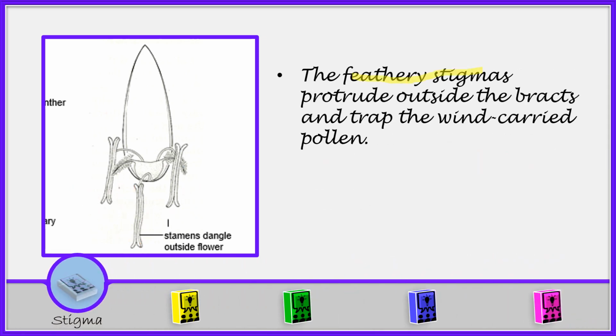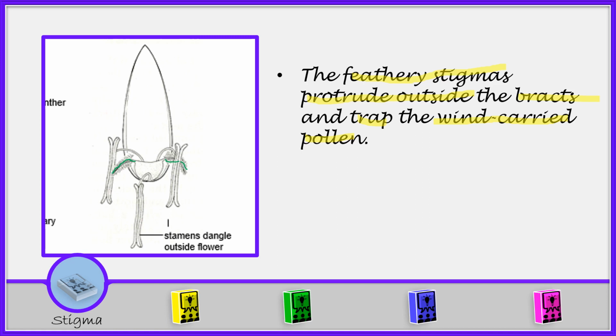The feathery stigmas protrude outside the bracts and trap the wind-carried pollen. So we have the feathery stigma protruding out of the bract, like this one here, and also the other one on the other side.